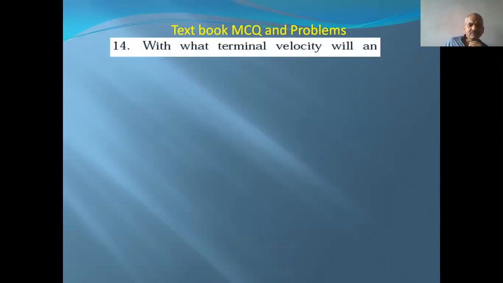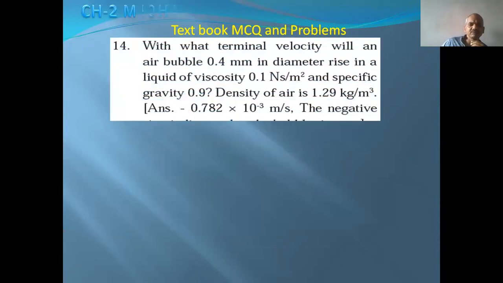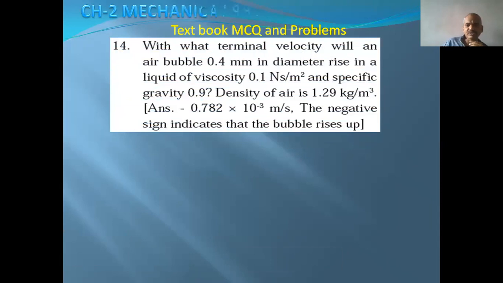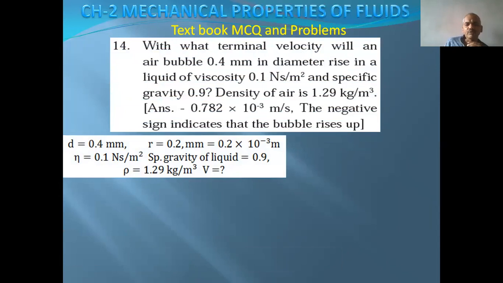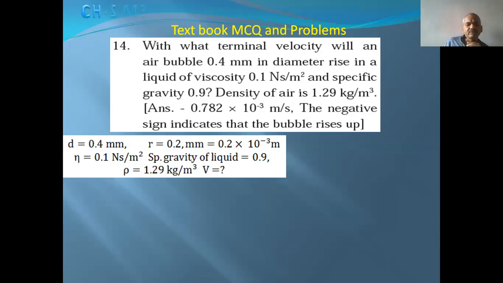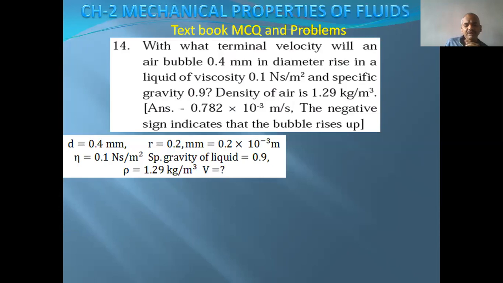Now the next, 14th example, that is with what terminal velocity? We have to find out. Air bubble 0.4 mm in diameter. The diameter is given as 0.4 mm. From that, you can calculate the radius as 0.2 mm, which can be written in SI system as 0.2 into 10 raised to minus 3 meter.